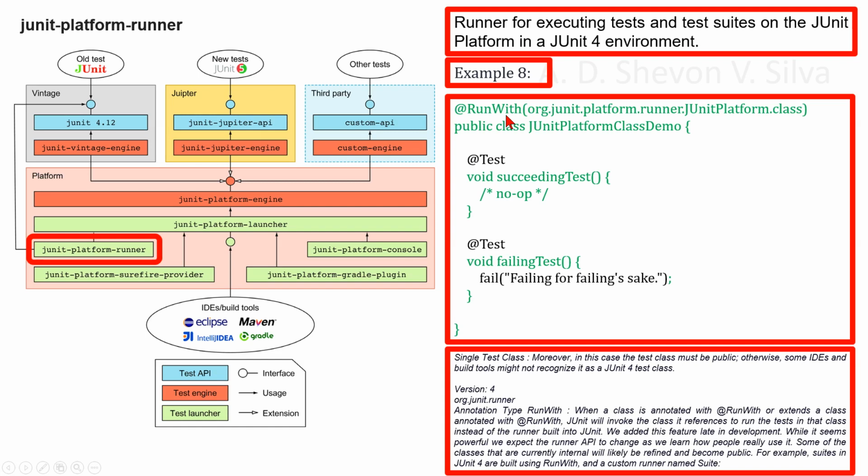We added this feature late in development. While it seemed powerful, we expect the runner API to change as we learn how people really use it. Some of the classes that are currently internal will likely be refined and become public. For example, suites in JUnit 4 are built using @RunWith and a custom runner named Suite.